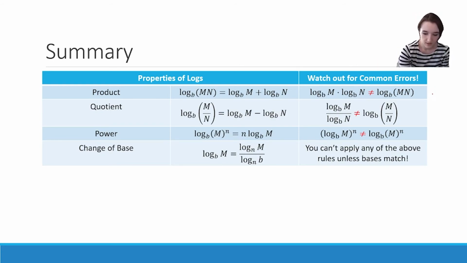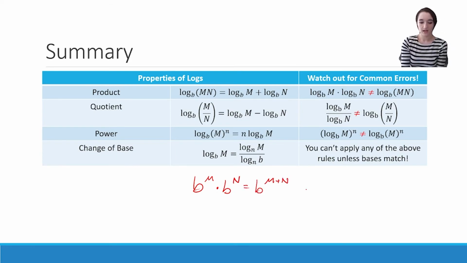Essentially, the similar property for exponents, the product rule, would be b to the m times b to the n is equal to b to the m plus n.